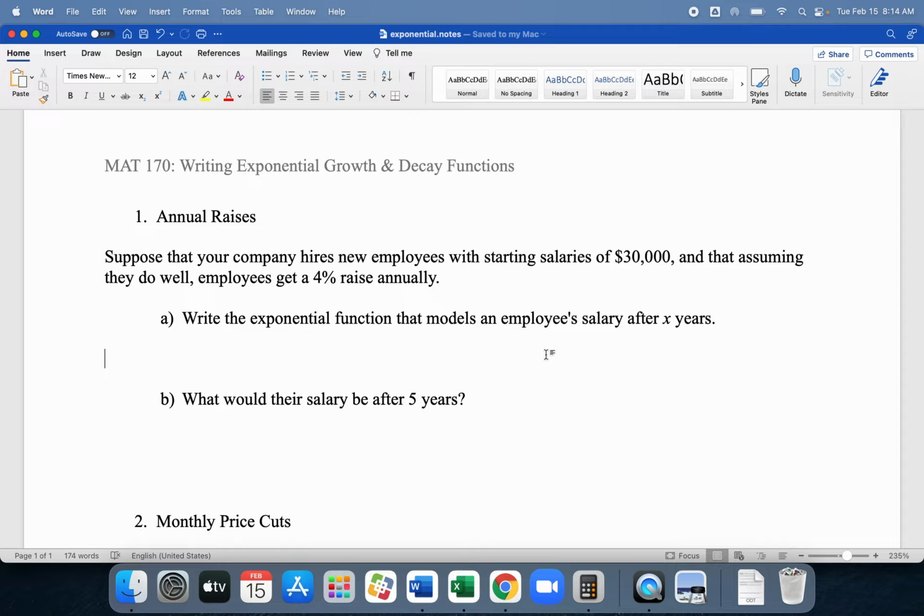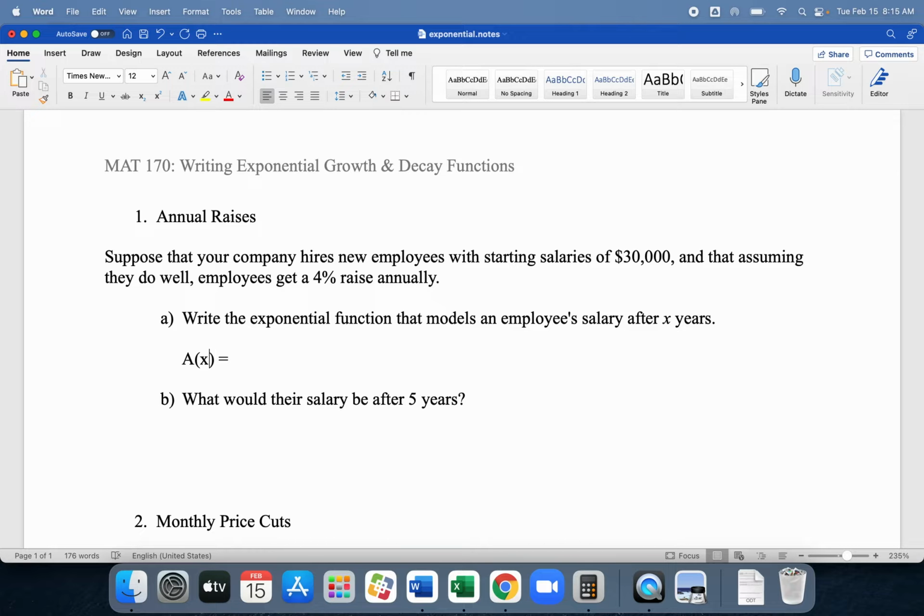So think for a minute about how would you find your salary after 1 year? And then maybe how would you find the salary for the next year after that? What we're going to do is write a general formula for how you find that after X years. We could use that to find 5 or however many years. But think about 1 year. I'm going to use A for annual salary, and it's talking about X years.